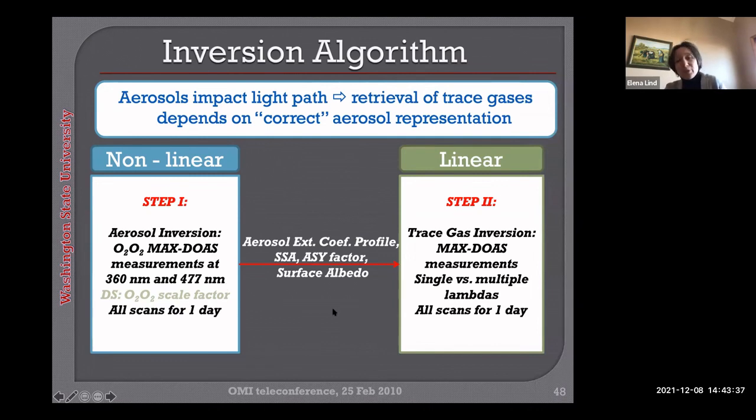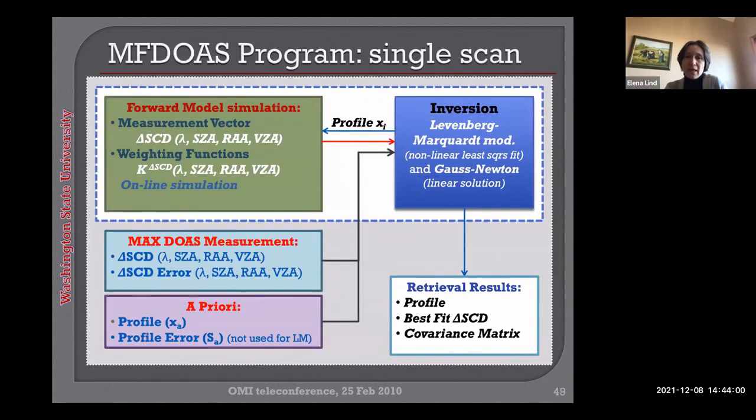The asymmetry factor is typically taken from somewhere else, because that information is too deeply hidden in the data, and with these techniques it's difficult to invert. And then after you have the aerosol profiles, it's a linear problem, and you can just retrieve the trace gas using a linear non-least squares fitting that I just discussed.